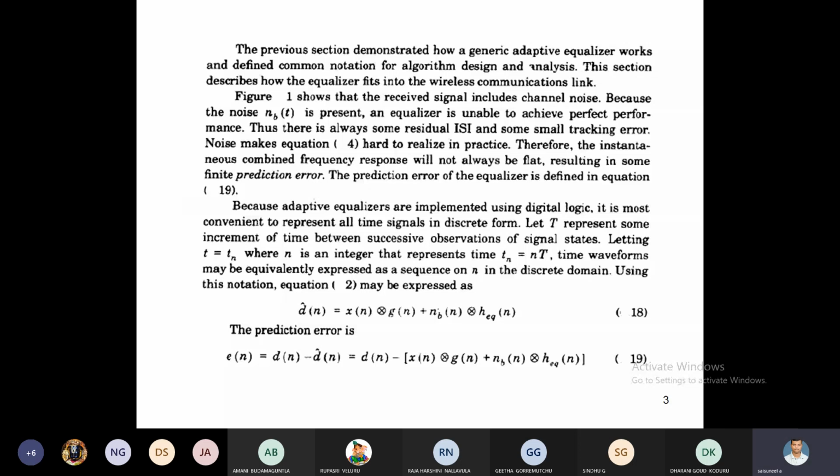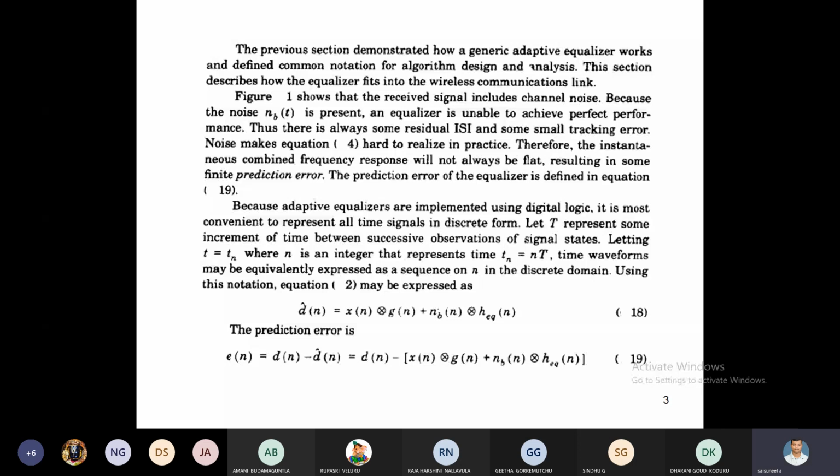In figure 1, the received signal is y(t), which is equal to the input signal plus channel noise. We represent the channel noise as NB(t). Here, this noise is nothing but ISI, intersymbol interference.